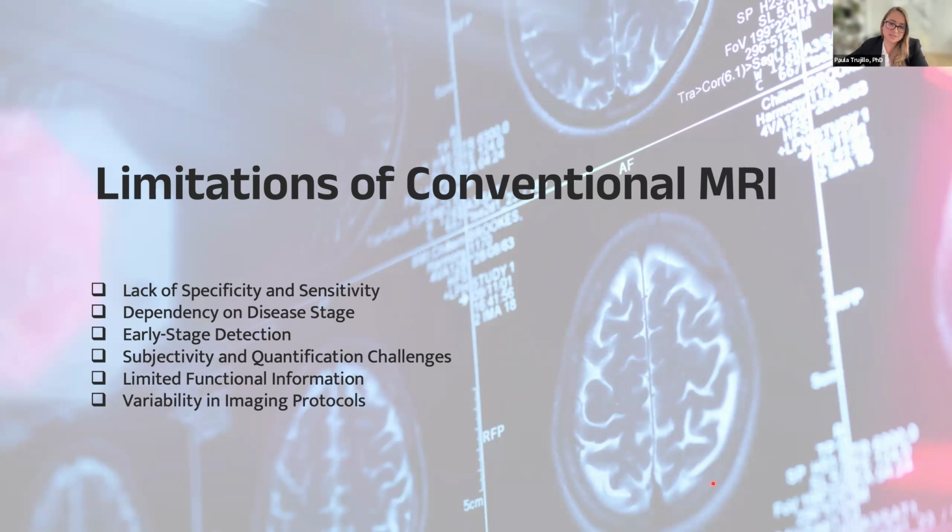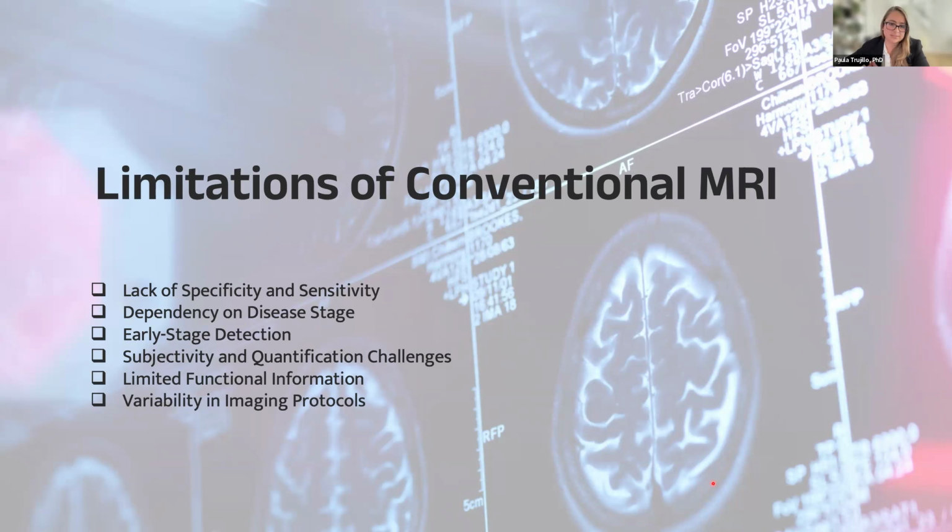MRI might not be sensitive enough to detect subtle changes in certain brain areas affected by the disease, especially in early stages. So the diagnostic accuracy of MRI might vary a lot based on the stage of MSA. As the disease progresses and more substantial changes occur in the brain, MRI might become more informative, but this may be too late for intervention.